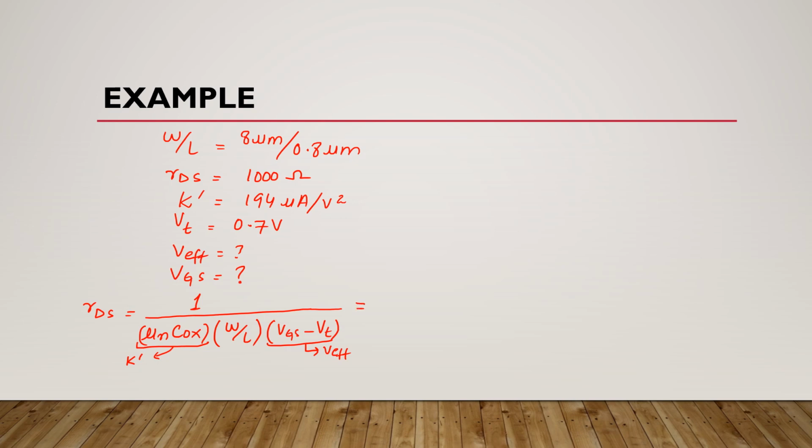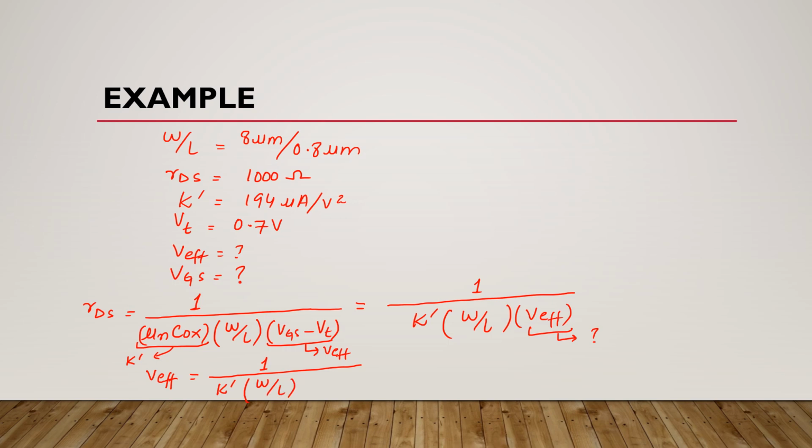So this equation can be rewritten. Now here this effective voltage is unknown. So if we rearrange this equation, we get effective voltage is equal to 1 divided by process transconductance parameter multiplied by aspect ratio, and now here we have this resistance.